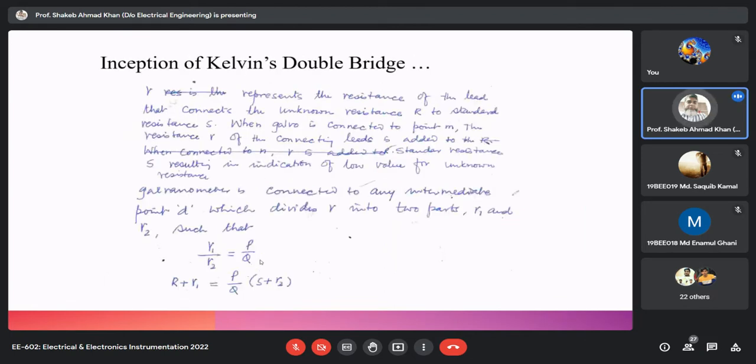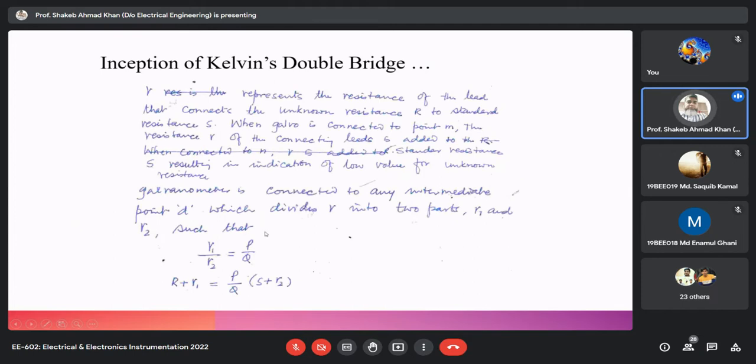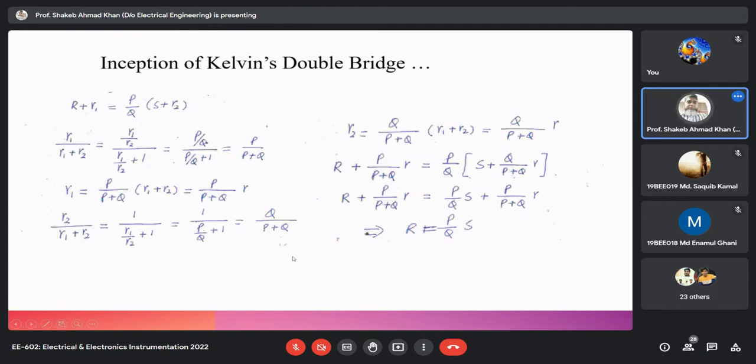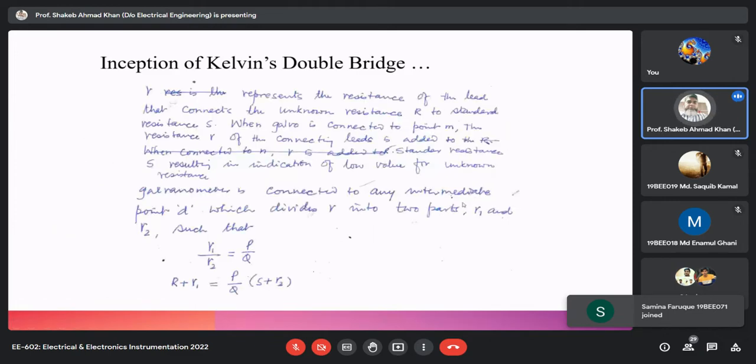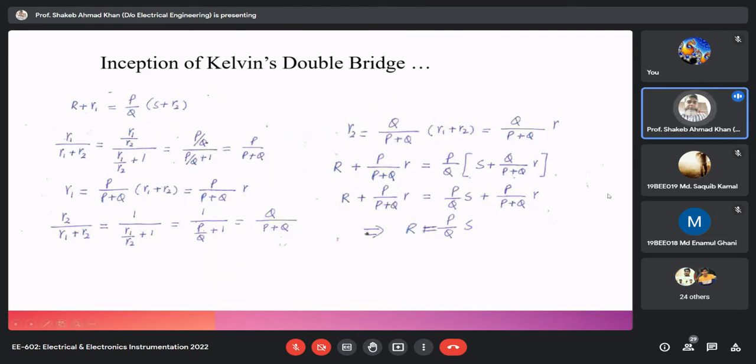This is what is claimed, and we discussed and verified it, and ultimately if this condition is satisfied, your final outcome is this clean balance equation. Your lead and contact resistance is not introducing any error in your final result. So this is what we discussed on the last turn.